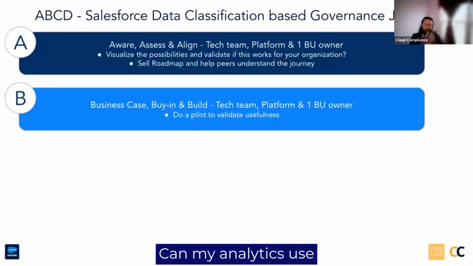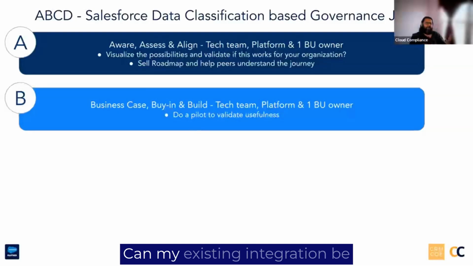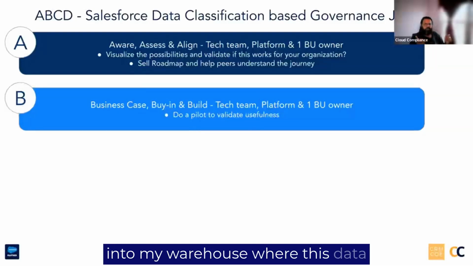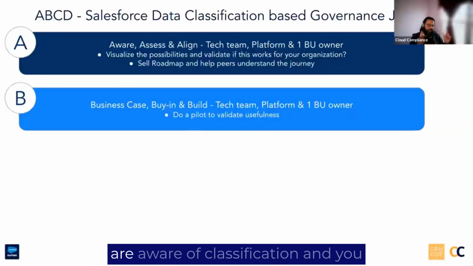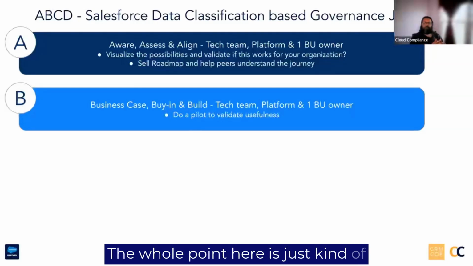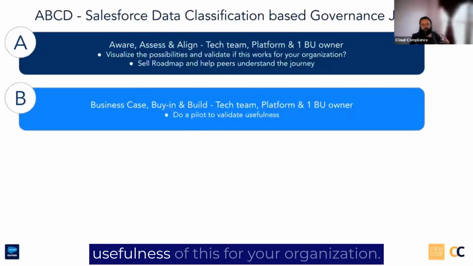Can my analytics use this data classification? Can my existing integration be smart enough to only pull values into my warehouse where this data classification meets a certain criteria? Can I look at AppExchange products? We do data masking, we do data retention, and some of those products are aware of classification. You may do something really small. The whole point is just doing a pilot to further validate the usefulness of this for your organization.